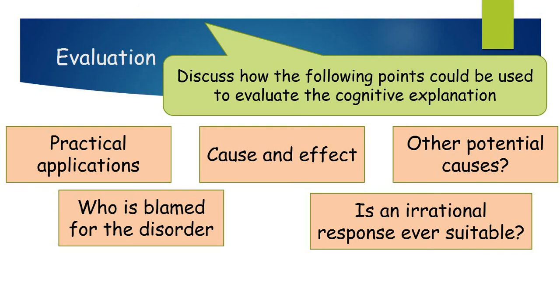Who is blamed for the disorder? Are there any issues with cause and effect? Are there other potential causes for these irrational behaviours and thus depression? Is a rational response ever suitable? Is it justified? Can an irrational response be justified? So this is stimulus for you guys to have a think about in terms of evaluating the theory, and you can have a think about that for next week.